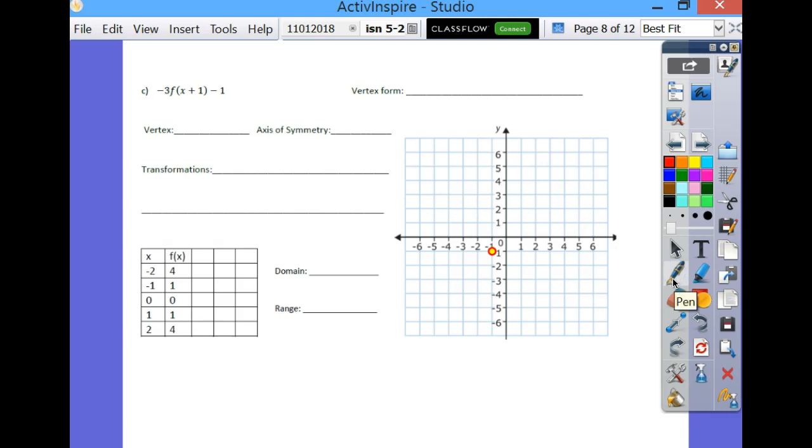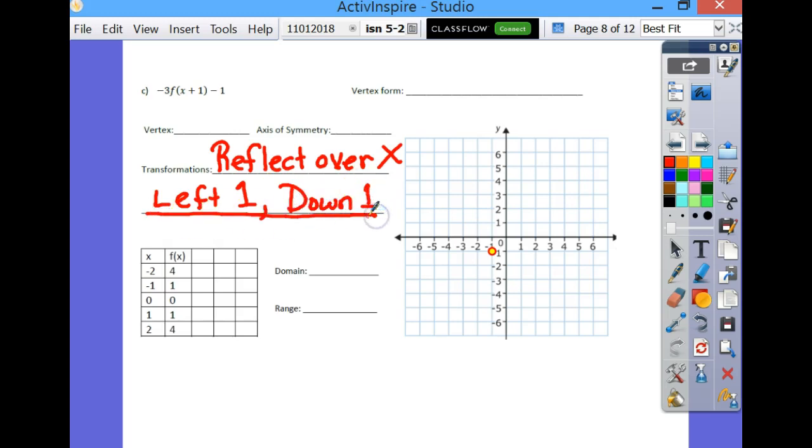On part C, what is a negative sign out in front going to do? The negative sign out in front is going to reflect over x. What's the x plus 1 going to do? What's the minus 1 going to do?